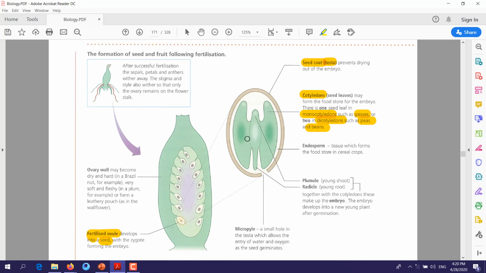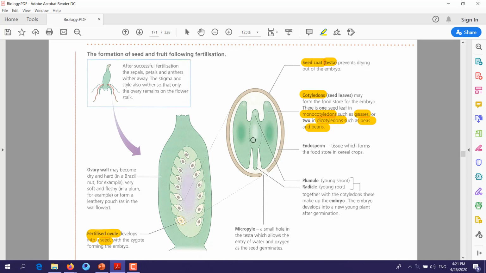For example, if you take the seed of any kind of bean and put it in water, then you can open it. When you open it, you will see it consists of 2 parts, like 2 layers. These parts are the cotyledons. We call them dicotyledons because when you open it, you will see 2 parts.